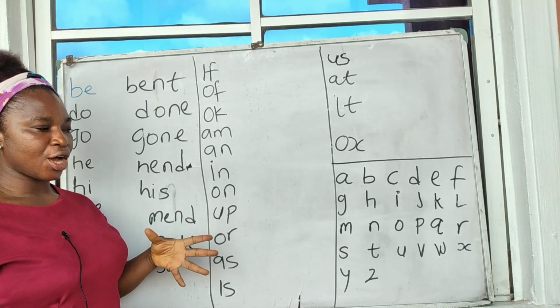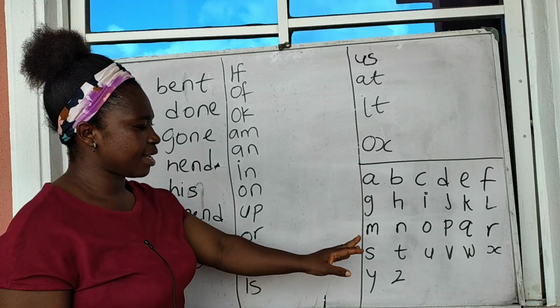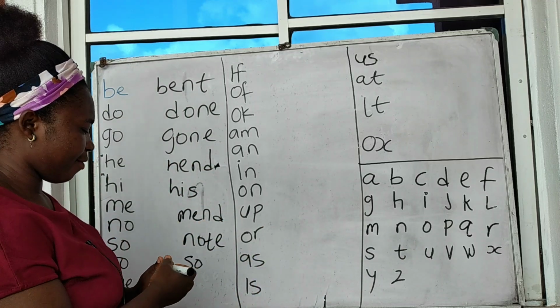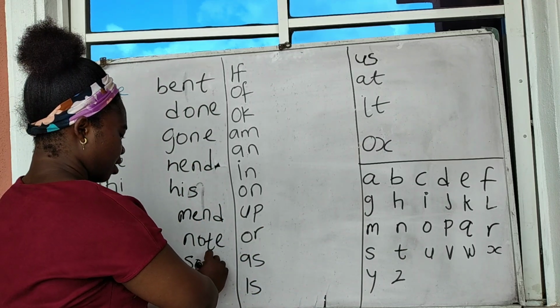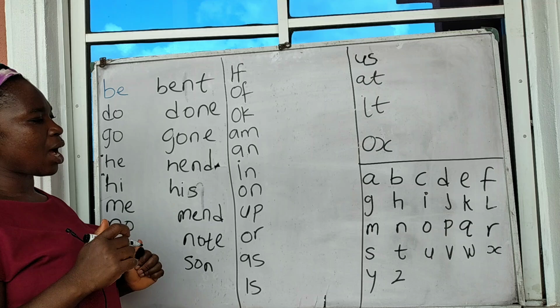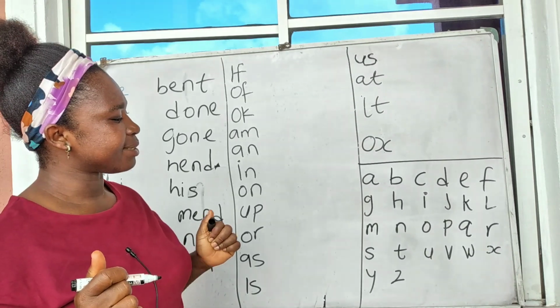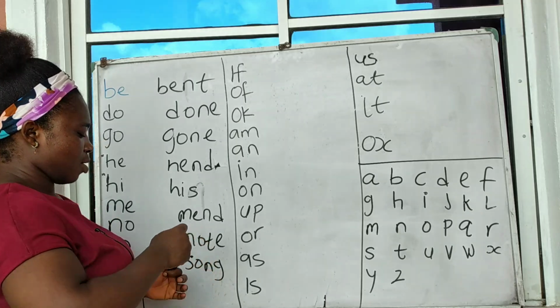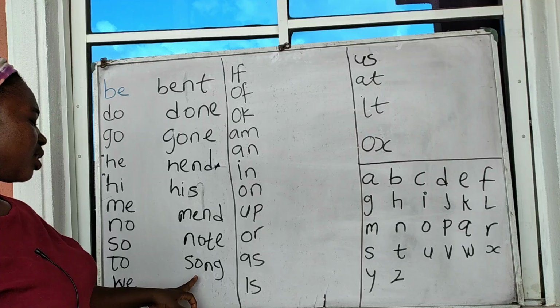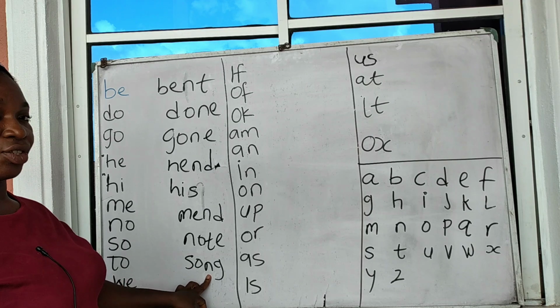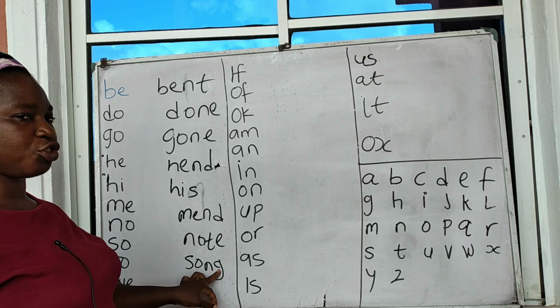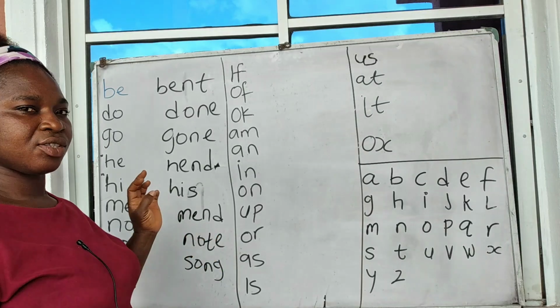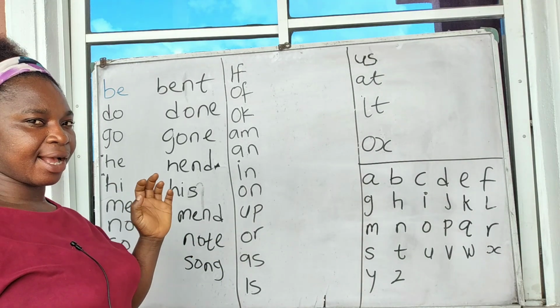Now I want to pick another letter, let's say letter G. I'm going to have song. S-O-N is son. S-O-N-G is song. Son, song.